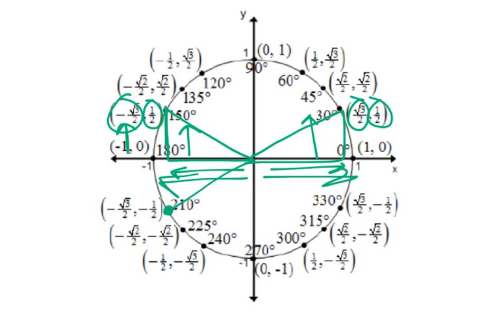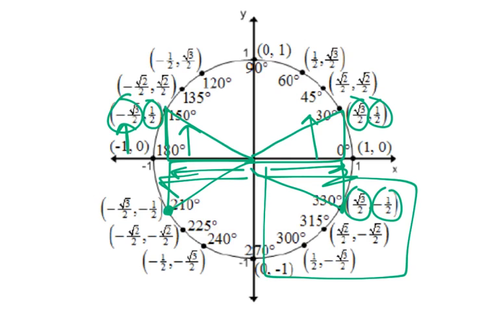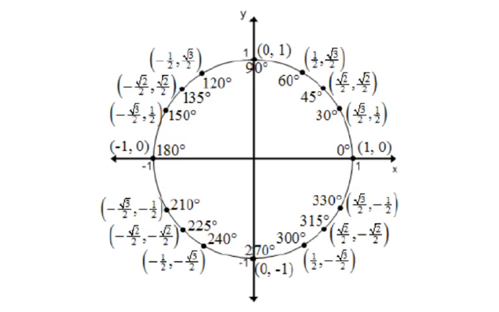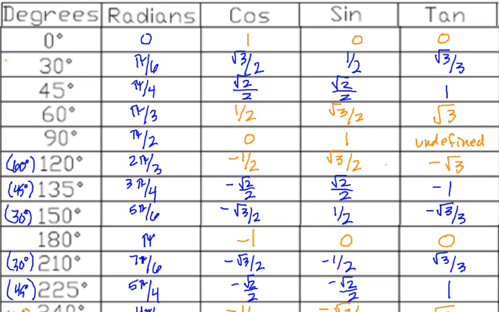Down here is another 30-degree angle. Down right here, a fourth 30-degree angle. Now the x is positive, the y is negative, because it's in that quadrant where x is positive and y is negative. Both of them are negative here. Okay, so you can figure out when one's positive, one's negative, for sine and cosine. All of that information is right here for you guys. So you can use that to help you fill this out.